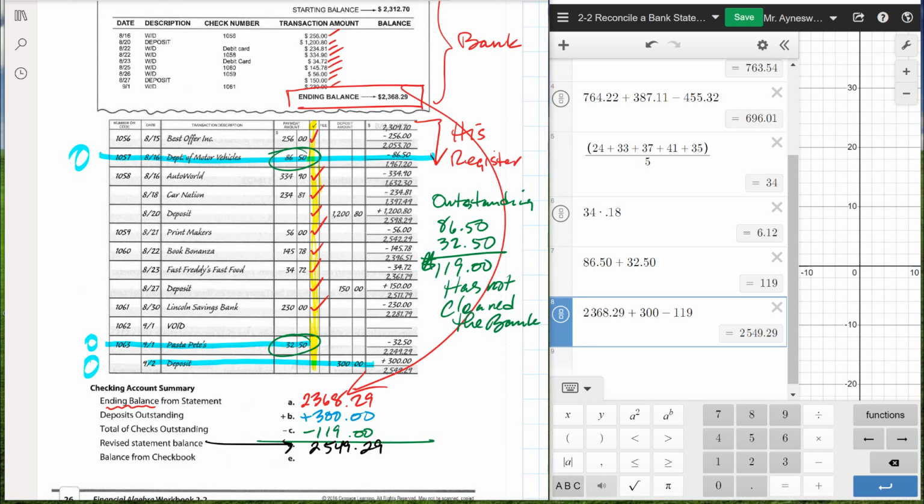Now the balance from a checkbook is right here. This is the checkbook balance. Let's record that. That goes here. And that's $2,549.29. Just read it, and 29 cents. And notice that these are the same.